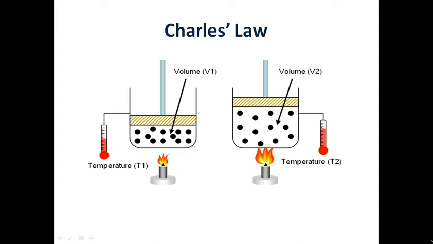You can see the temperature range from the thermometers given in the left and right hand side. So if we are increasing the temperature, the gas molecules will punch on the piston and they will increase the volume.